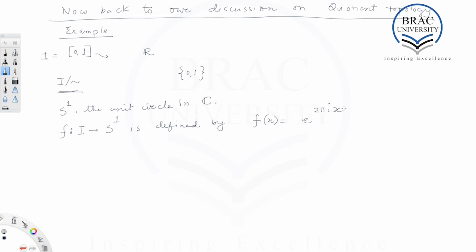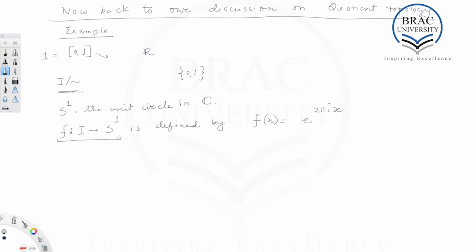So it is easy to see that it's continuous. I leave it with you. It's a continuous function from I to S1. And you can see it in terms of components and all that we have done earlier. In addition, it's important to note from this expression that this function assumes the same value at the two endpoints, 0 and 1.